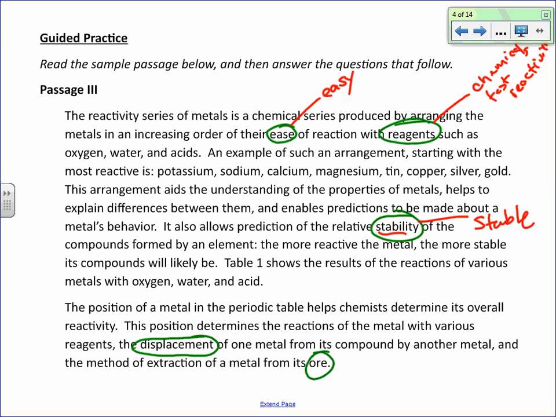Next one, displacement. Again, not defined for us here. What do we mean by displacement? All right, so we see this word here, placement, that we recommend, that we recognize. And what happens if you put a dis in front of a word?